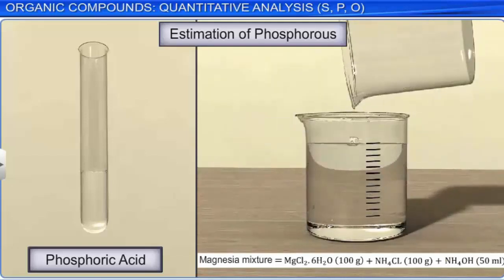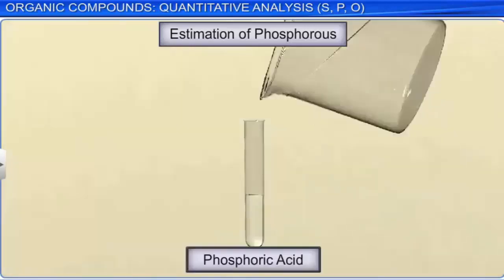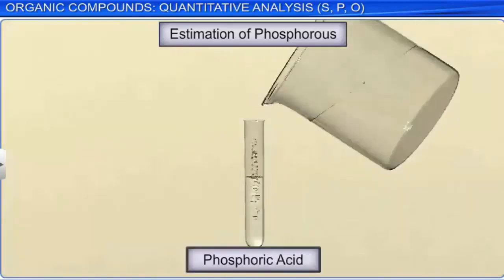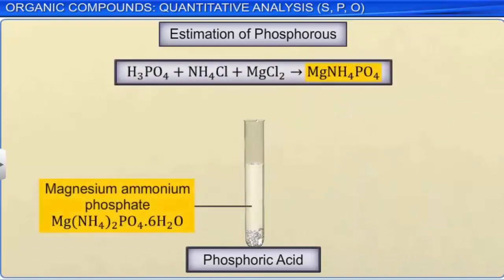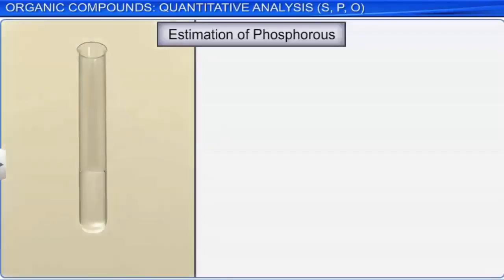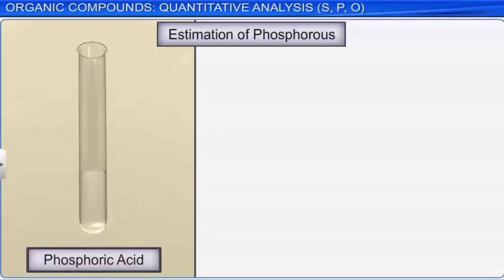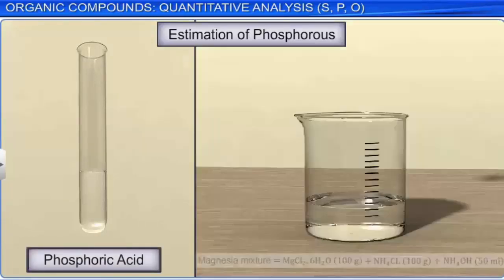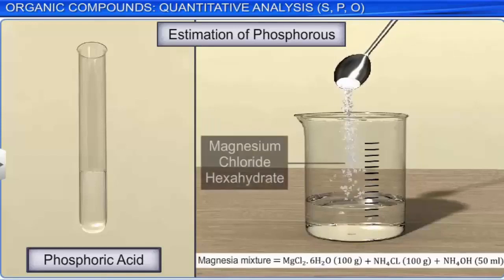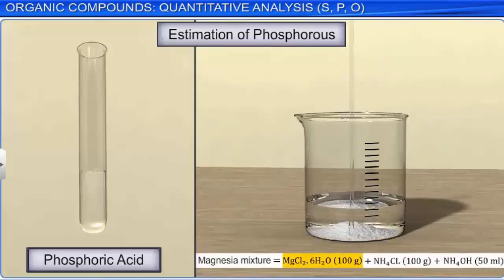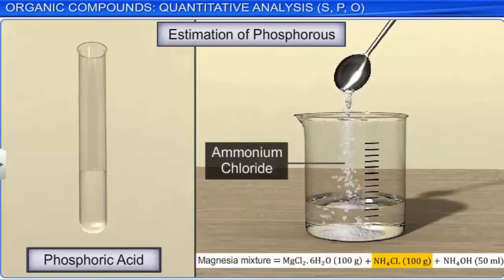On adding magnesia mixture to phosphoric acid, a precipitate of magnesium ammonium phosphate is formed. This precipitate is filtered, washed, dried, and then ignited to produce magnesium pyrophosphate. From the weight of magnesium pyrophosphate, weight of phosphorus can be estimated.